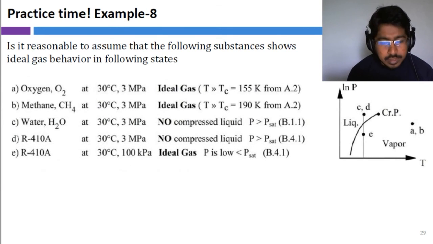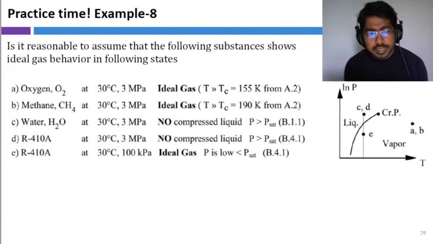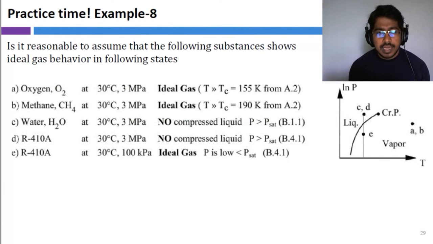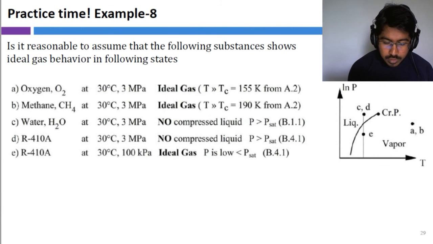What we try to do here is check our temperature against the critical temperature. You remember, if our temperature is significantly above critical temperature, then it behaves as a gas irrespective of the pressure, right? Then we can say that it is suitable to use ideal gas equations under these conditions. We can find the critical temperature for different substances using table A2.